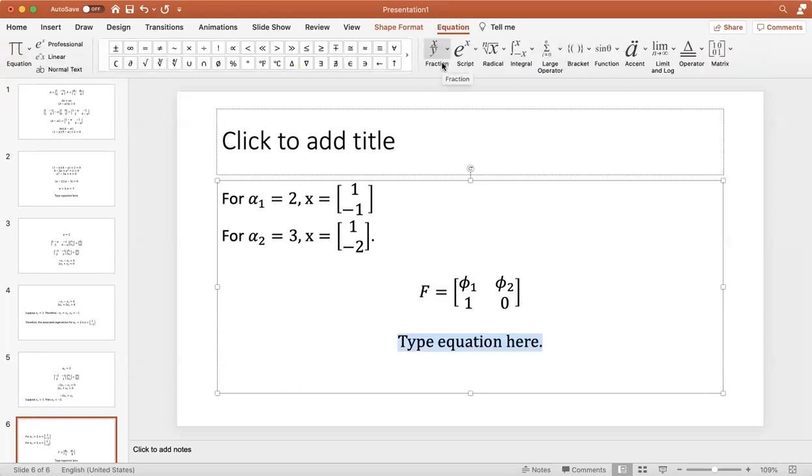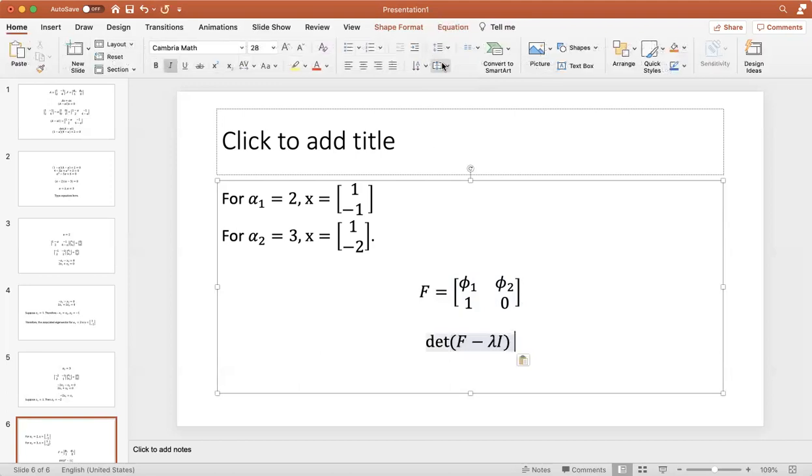So the matrix will look like this, so F minus lambda I, right? And the determinant of this matrix must be equal to 0. Okay. Now, what is F minus lambda I?